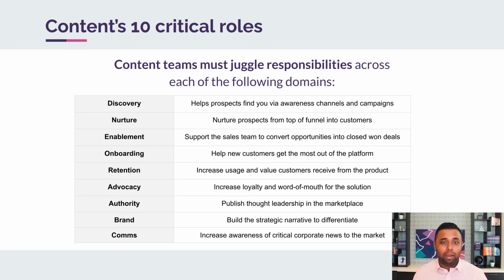We might have critical corporate news, like let's say we've acquired a company that needs to be communicated to our customers or the market. There might be some type of press release or a PR-oriented campaign that we need to work on. But in all of these cases, this is another bucket of content, and somebody on the marketing team needs to create it.